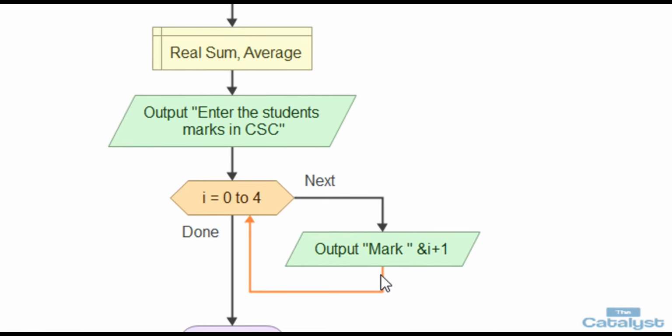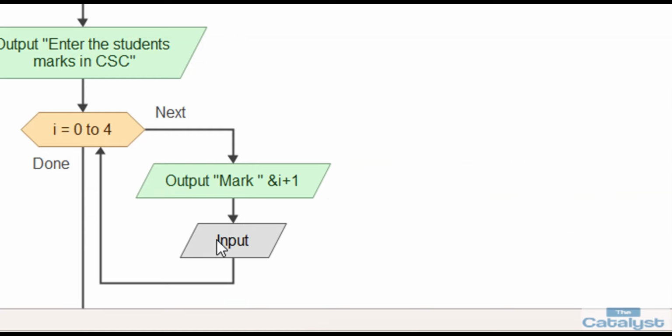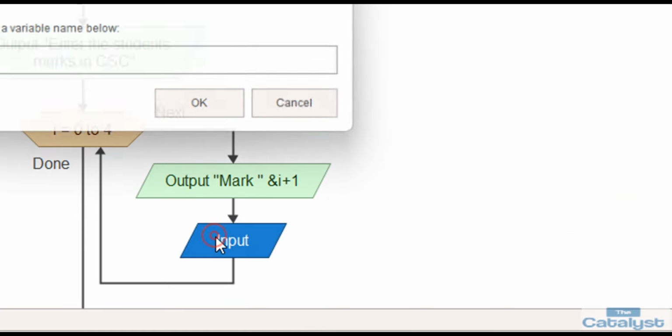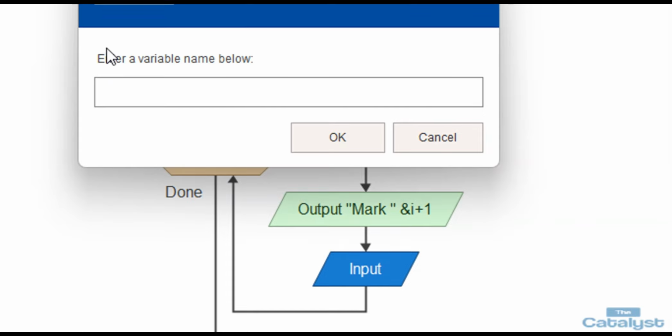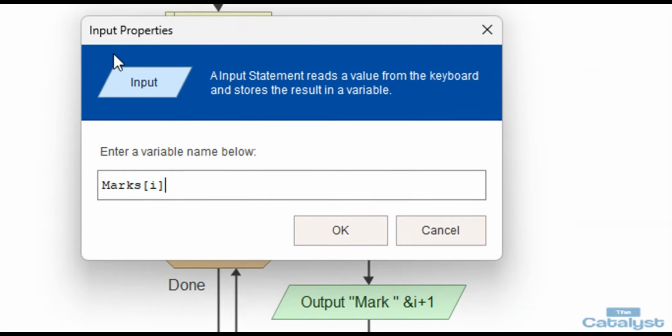Once we've done that, we are going to input, and now we'll input our array. And what's our array? Our array is called max, and we'll put the index in square brackets. In this case it is I. So for the first index it's going to be 0, and it will increment by 1 each time.